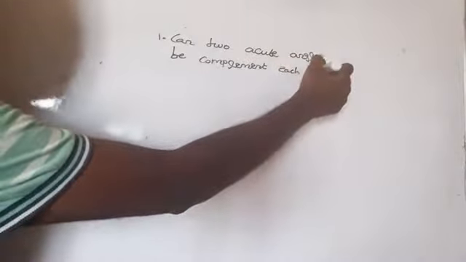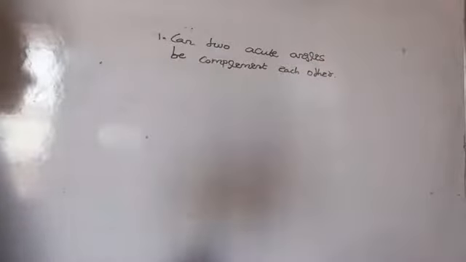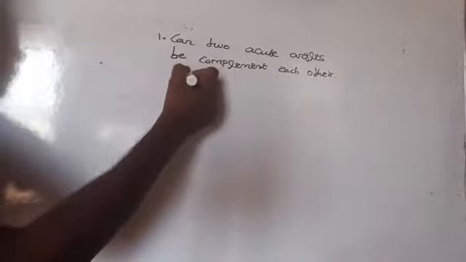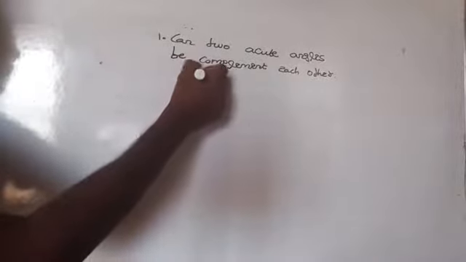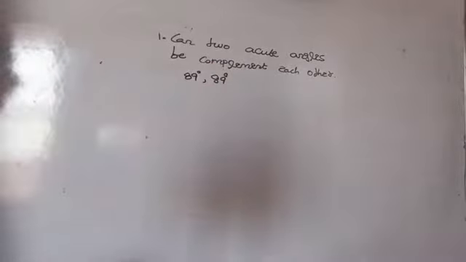First we will take two acute angles, more than 0 degrees and less than 90 degrees. We will consider 89 and 89. These two angles are acute angles only.